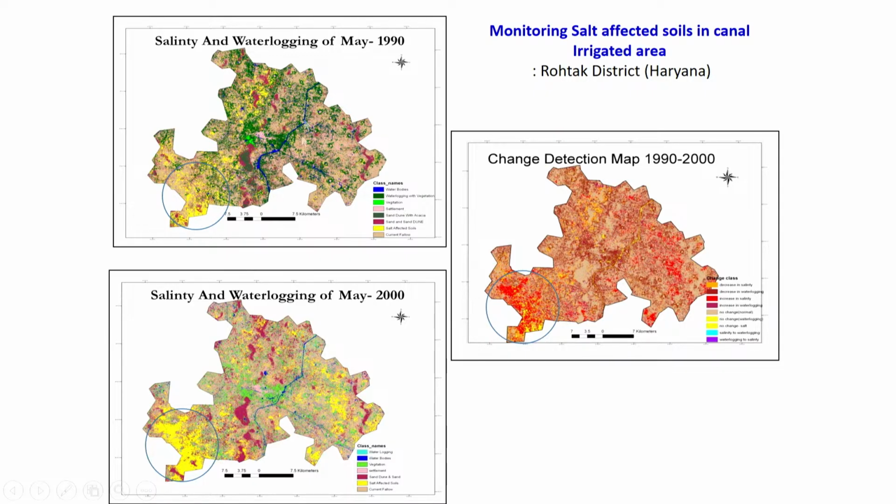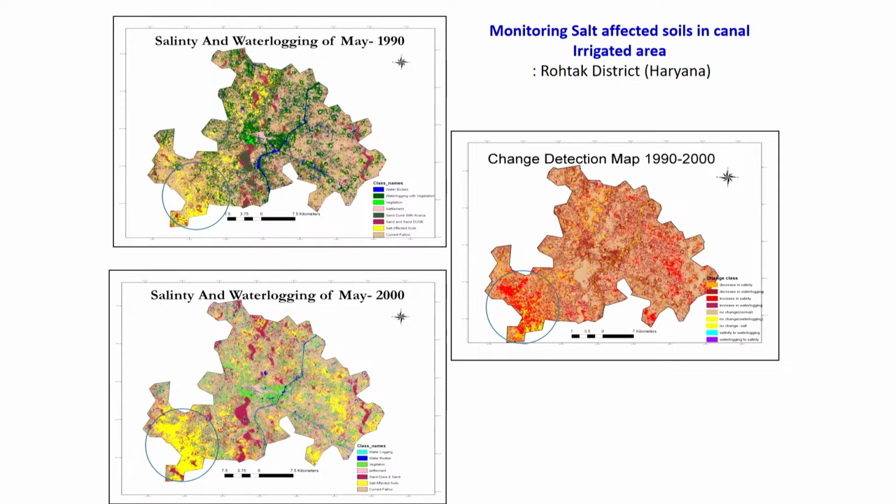But after 10 years, when we took the satellite data in 2000, same month, we find that this yellow color has increased, meaning salt affected soils have increased. Here more white, more yellowish, you see from here compared to this one. So a large area is under salt affected soils, and here in 1990 there was no salinity, but after 10 years here you are also getting salt affected soils.